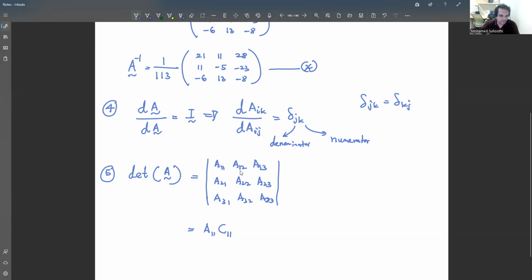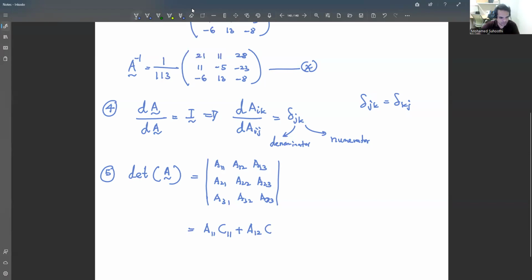Okay. Second one plus the second element A12, the cofactor sign now minus, right? But that we include in the cofactor matrix, right? So here you will get C12, right? Okay. You know the matrix multiplication, right? C12, and this will be C21, right?